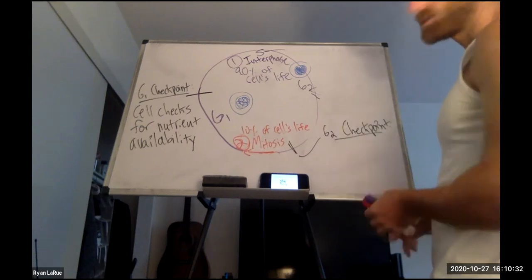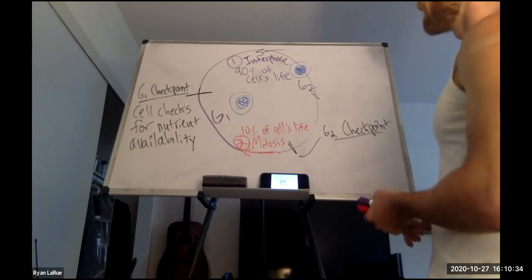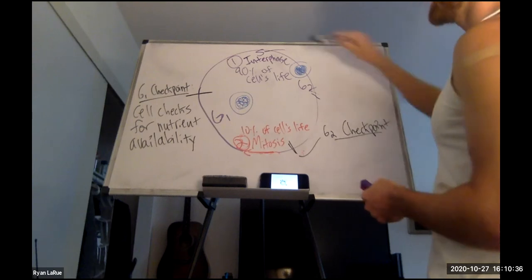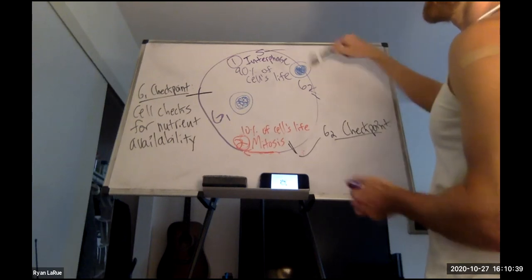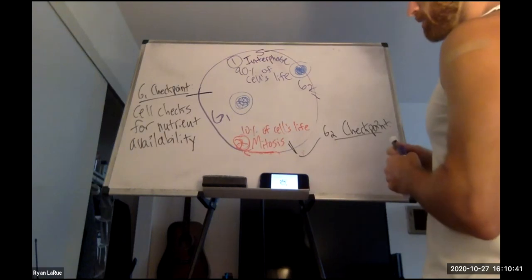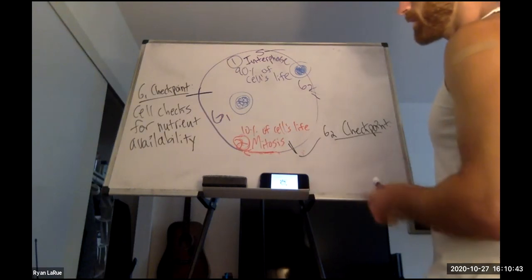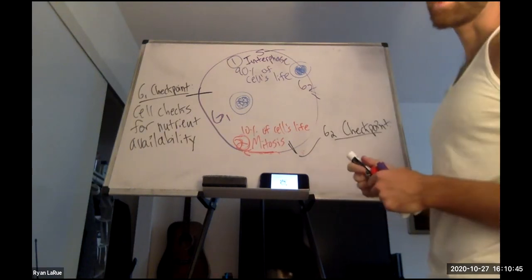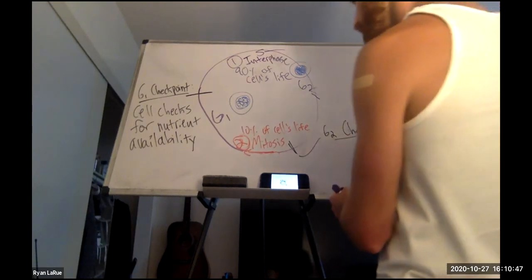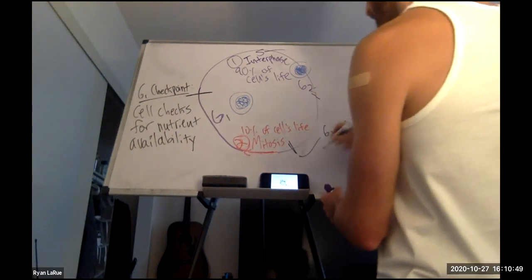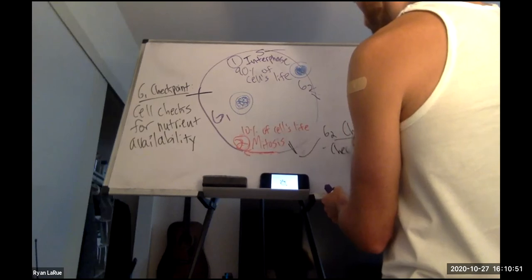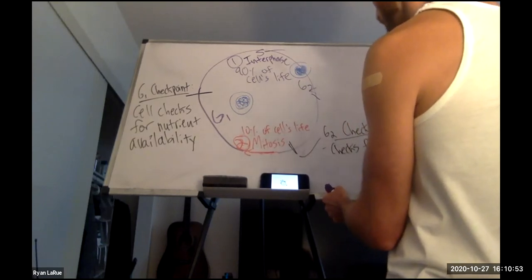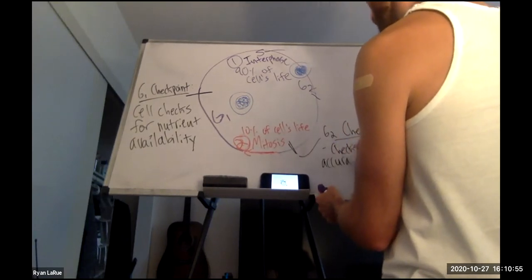The main purpose of G2, because G2 follows S phase, where all the DNA is copied, is that we want to make sure the DNA was copied correctly. So at the G2 checkpoint, the cell checks for accurate DNA replication.